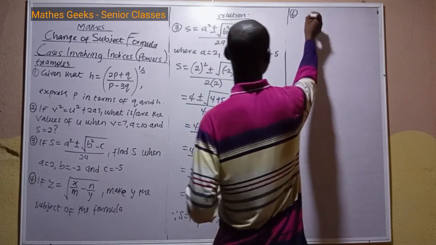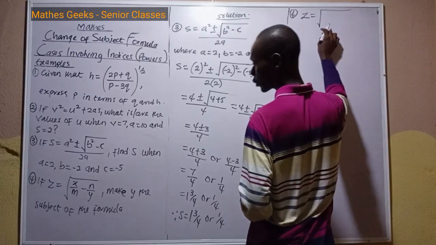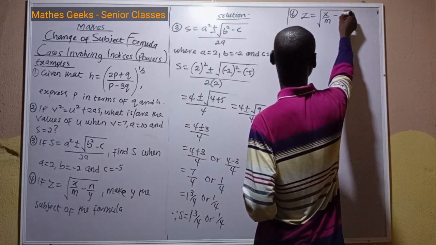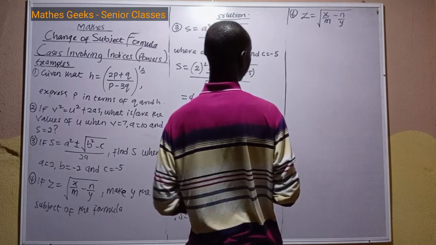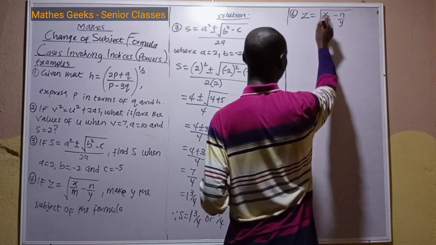If z is equal to the square root of x over n minus n over y, make y the subject of the formula. For us to make y the subject, we're going to eliminate the square root sign.